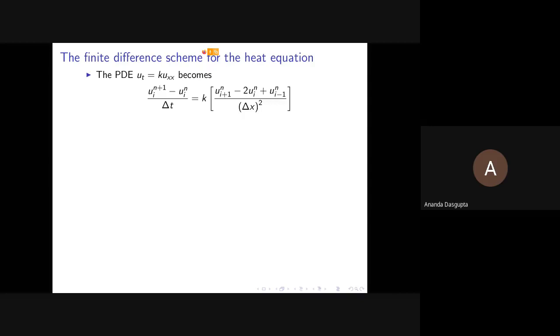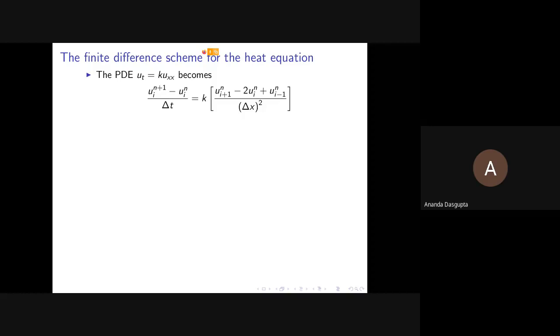Is everybody okay with this? Can you not see any problem? So second order equation needs at least two boundary conditions. No, there's no second order in time. It is first order. No problem at all. That's why just knowing the initial value is fine.